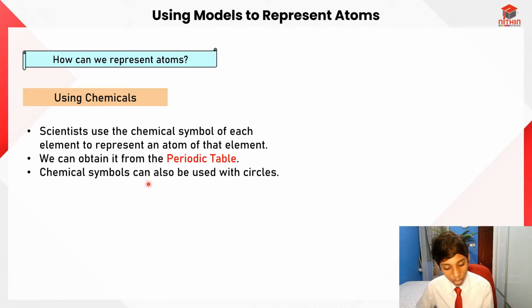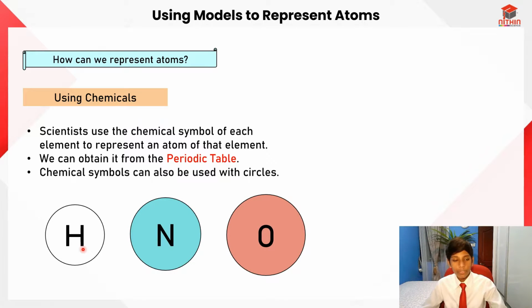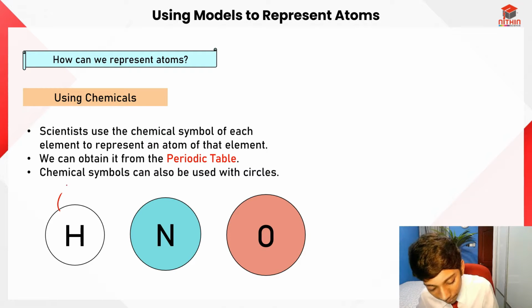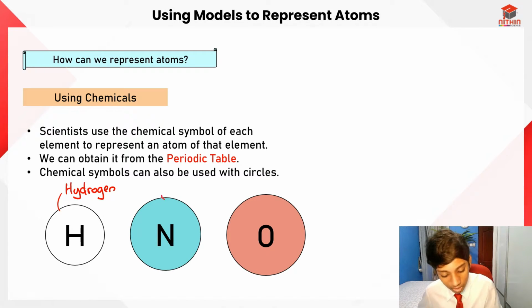So chemical symbols can also be used with circles. So you could have different colored circles, different sizes of circles, different patterns in the circles, and you also add on the chemical symbol. So what's the first circle here? As you all know, this is the hydrogen atom, and this is the nitrogen atom, and lastly we have the oxygen atom.